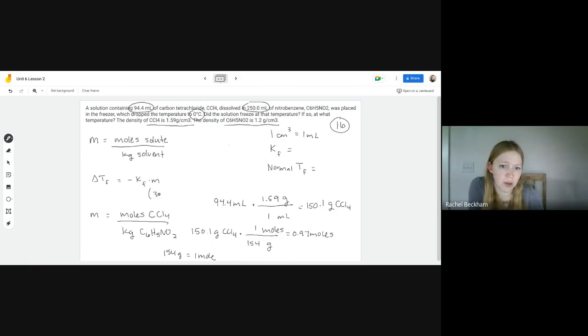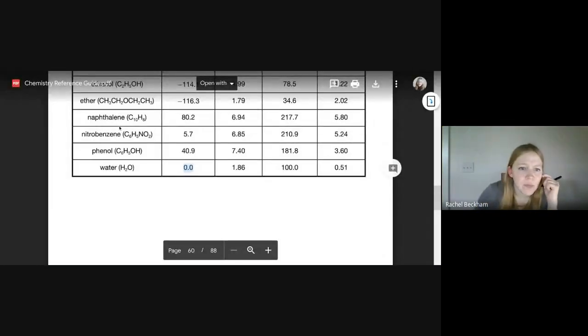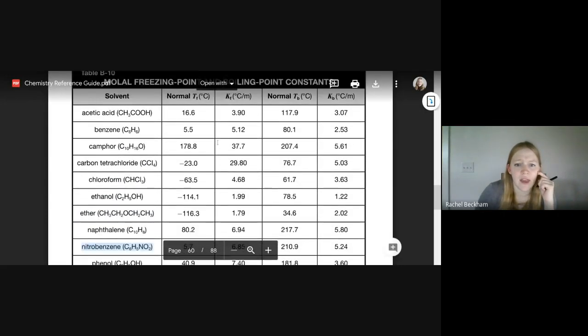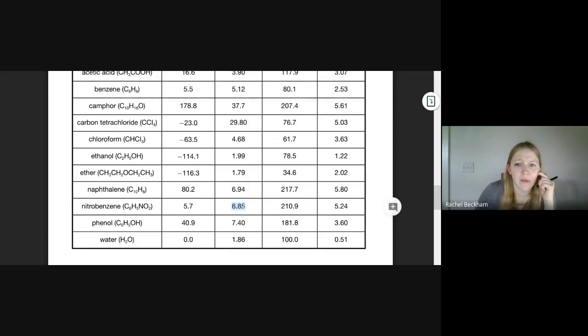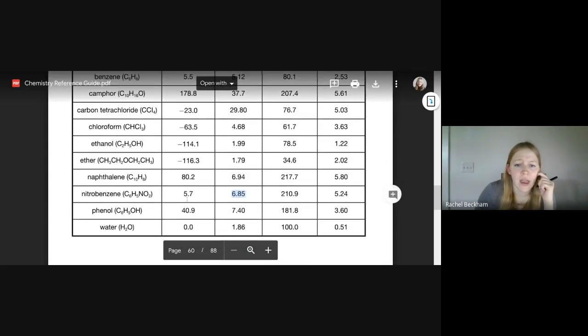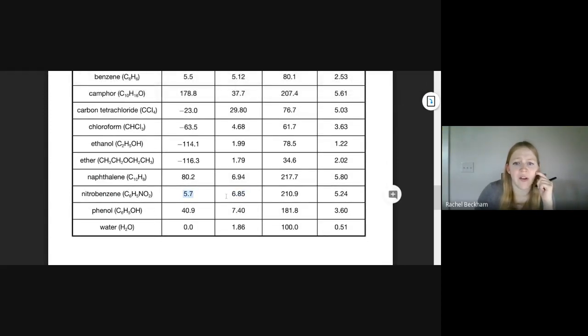So 3.23. I need my KF, and we need the KF for the solvent. Our solvent is C6H5NO2. So let's go over to our reference guide and find it. Here it is right here, C6H5NO2. The KF is 6.85 when you look at this column, and the normal freezing temperature is 5.7.